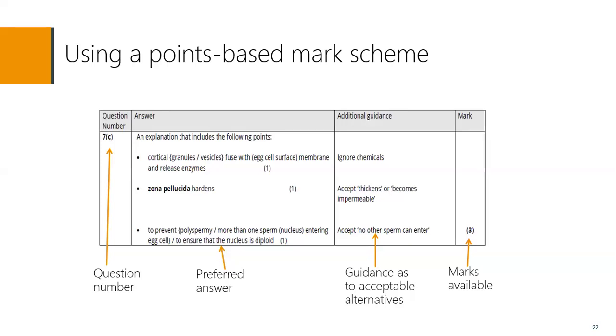So the preferred answer is in the answer column, but the guidance is for acceptable alternatives. And again, the bottom one, accept no other sperm can enter. That's fairly self-explanatory.